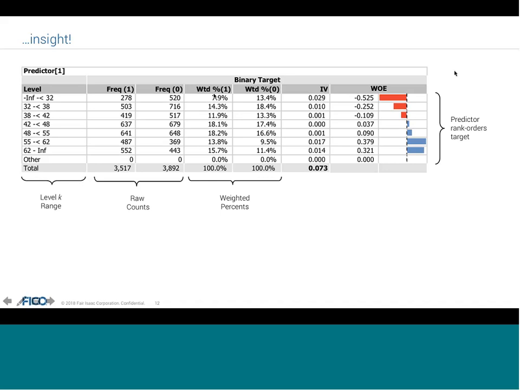I can see now, if I'm applying sample weight, at this point I will look at the weighted percentages, where all counts are, for me to convince myself there's a substantial amount of data that the subsequent measures are going to actually be robust and something that I can rely on being repeatable. My calculation of weight of evidence now can be represented both numerically as well as graphically. And now I have a pictorial graphical representation of a predictor rank ordering my target.